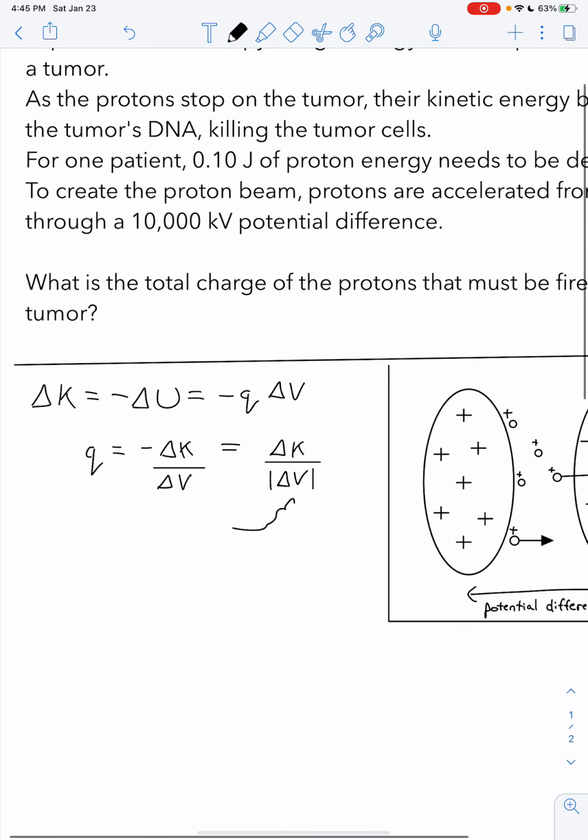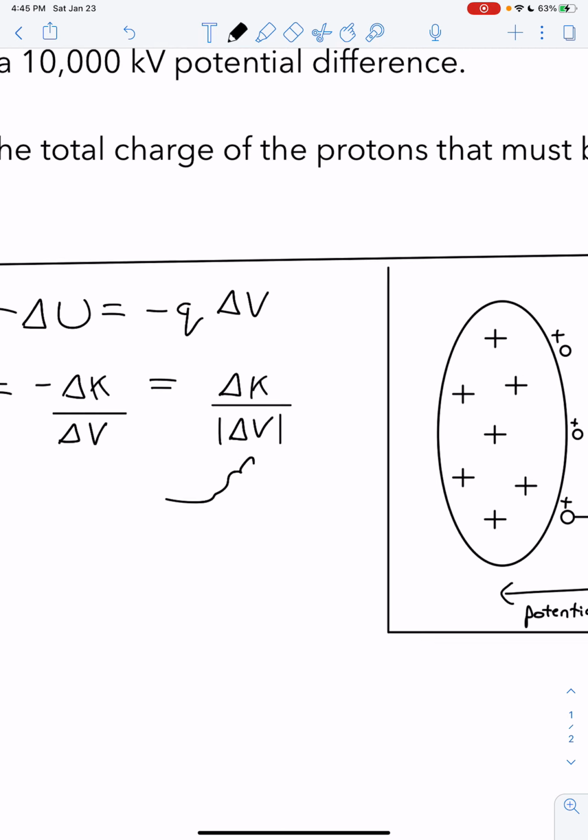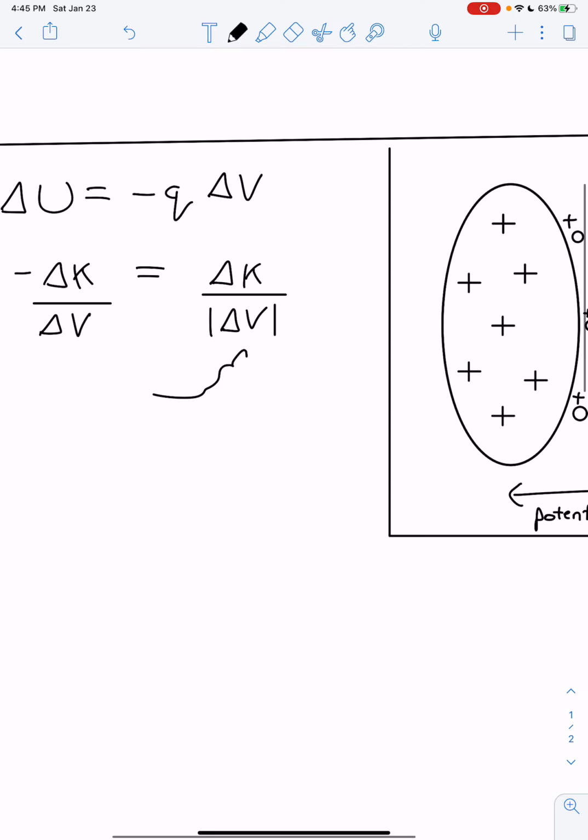Let's just think about that for a moment. Why is this the case? Well, protons travel through a decreasing potential. The protons are accelerating.